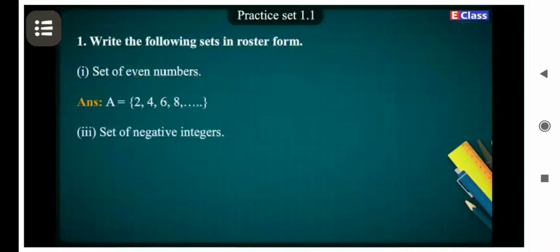Set of negative integers. Answer: B = {-1, -2, -3, and so on}.